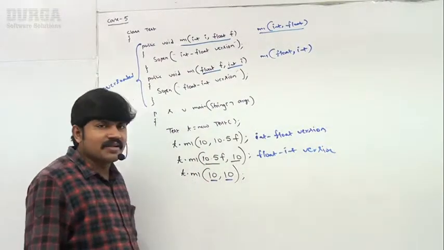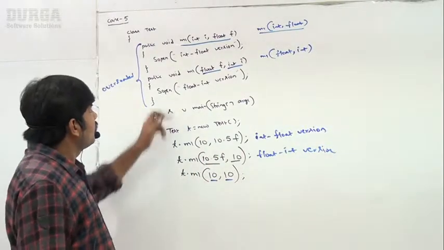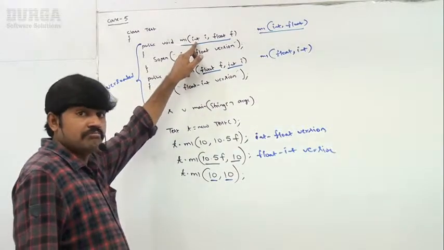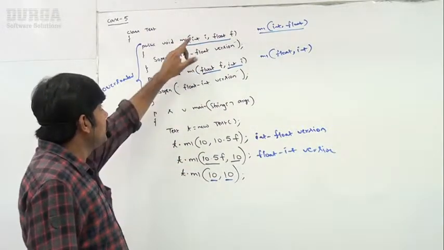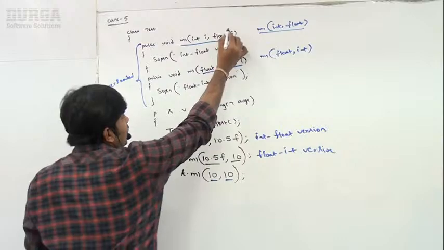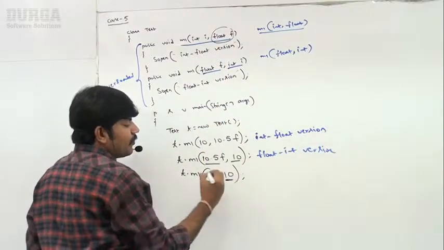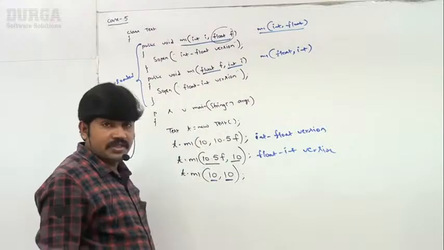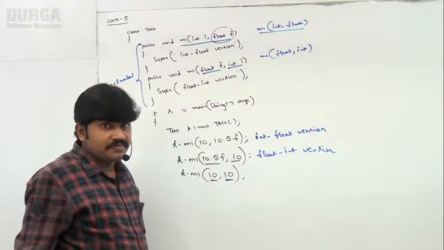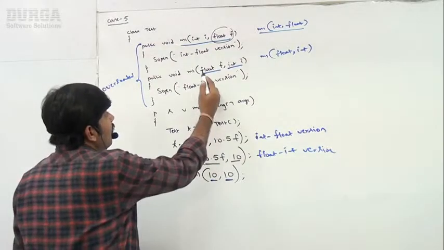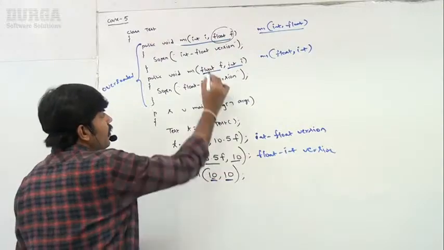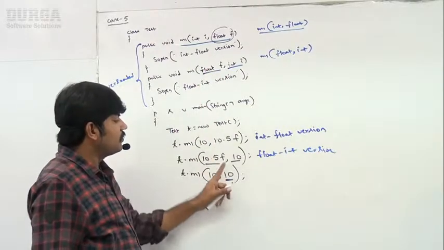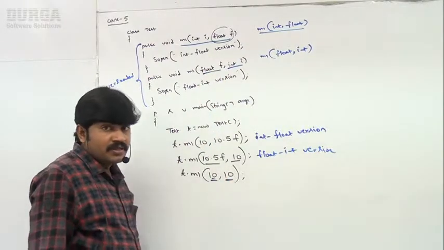The first one matches. The second one is expecting float, but int can be promoted to float, no problem. So the int-float version matches. Or, the first one is float, and the int value will be promoted to float. The second one, int, no problem, also matches.